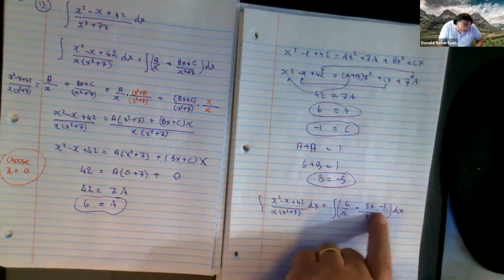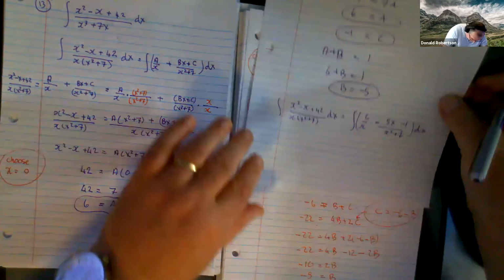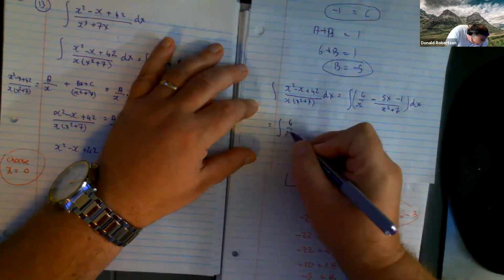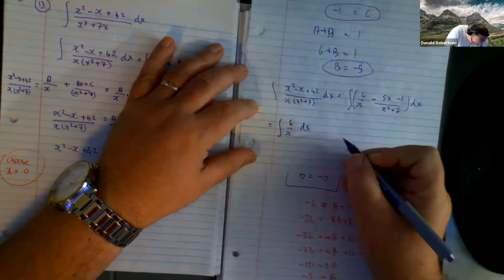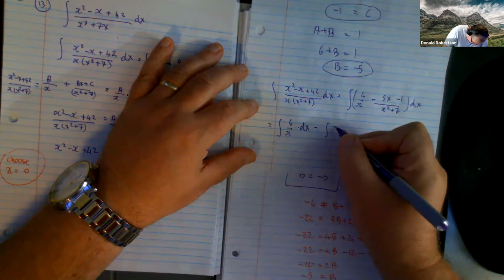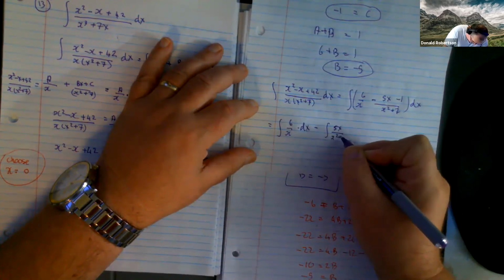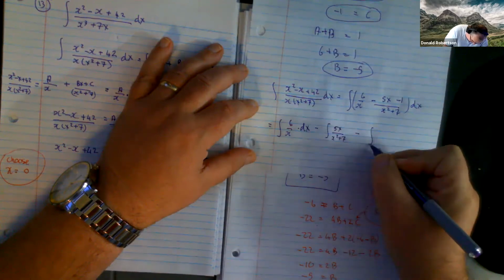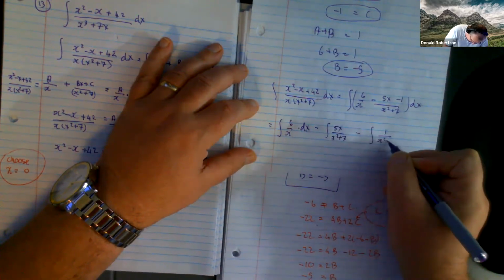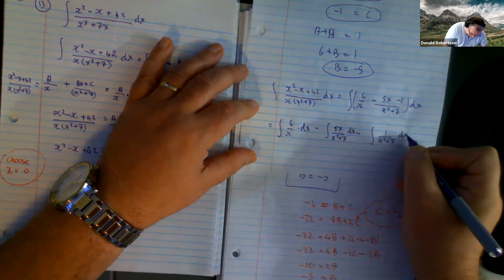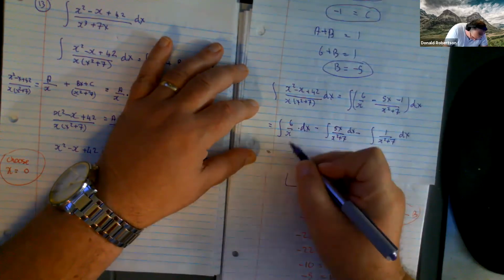But be a little bit careful about these fellas. What I suggest that you do is you take the integral and you deal with it in 3 pieces. This guy is a log.